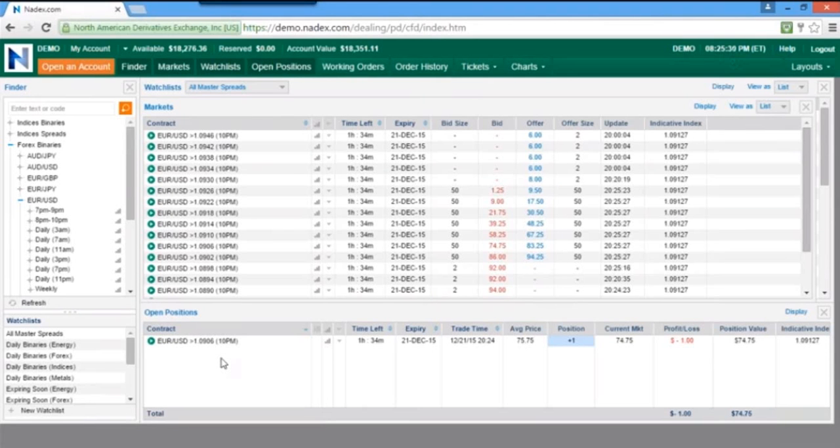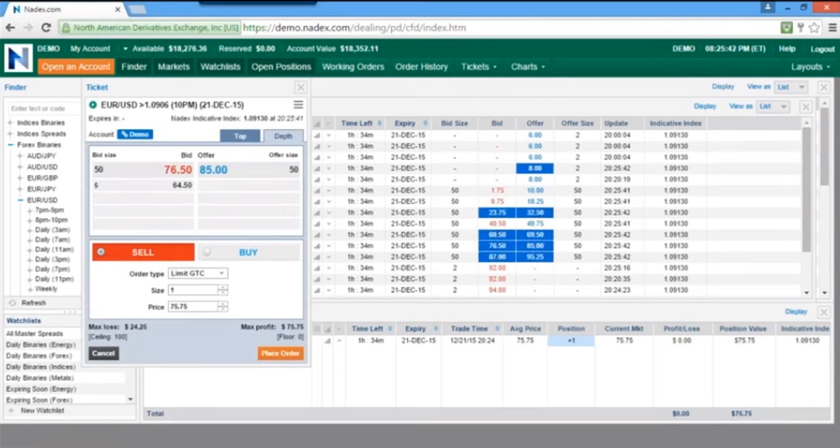David, you can enter this take profit order, but you cannot enter a stop loss ticket on NADEX because everything on NADEX is a limit order. Meaning, if I said right now I want to sell this for 50, what I'm saying is I want to sell it for 50 or more.